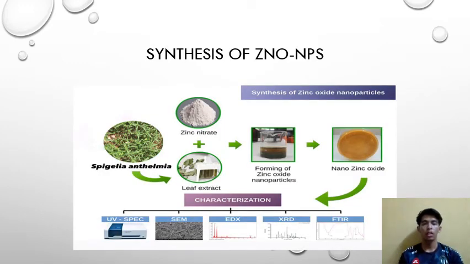Synthesis of zinc oxide nanoparticle. For the method, the leaves of the plant are washed thoroughly with distilled water to remove dust and other particles. After that, the washed plant part is dried at room temperature. 50 grams of leaf were weighed and taken for analysis.